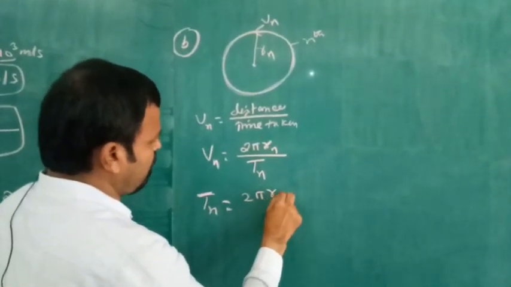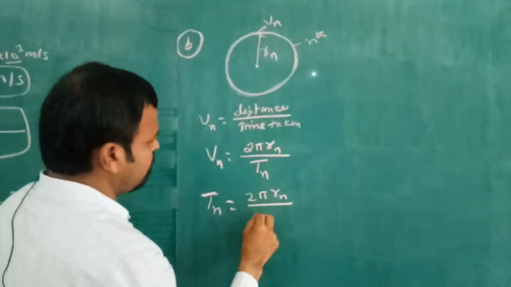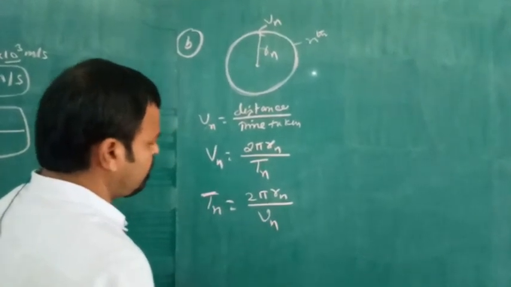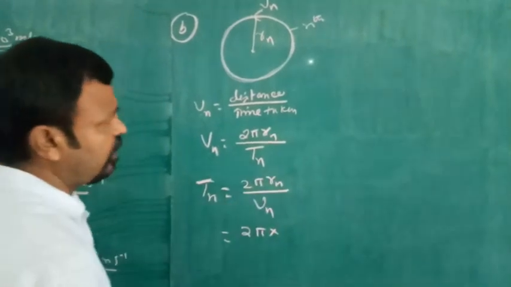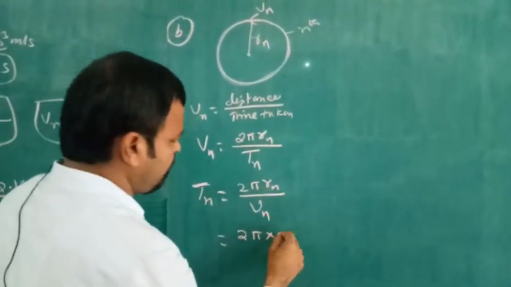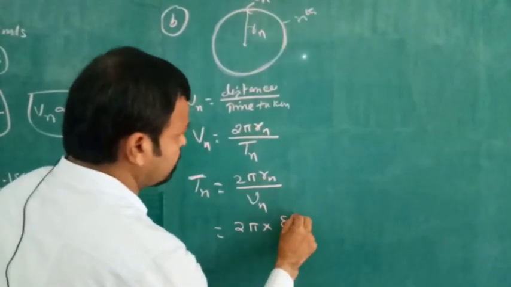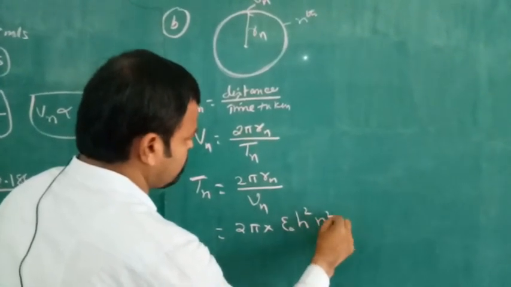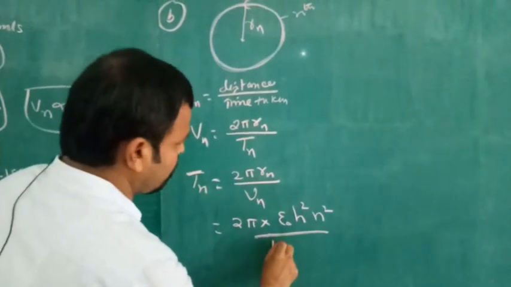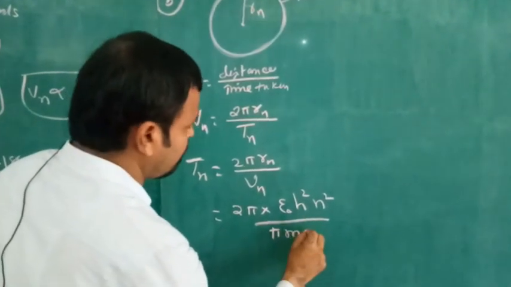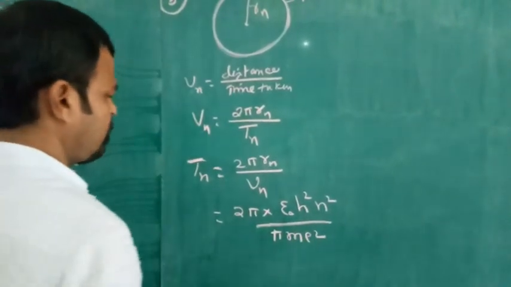Tn is 2 pi Rn divided by Vn. So we know the formula for Rn, the radius of the nth orbit: epsilon naught h square n square divided by pi m e square.